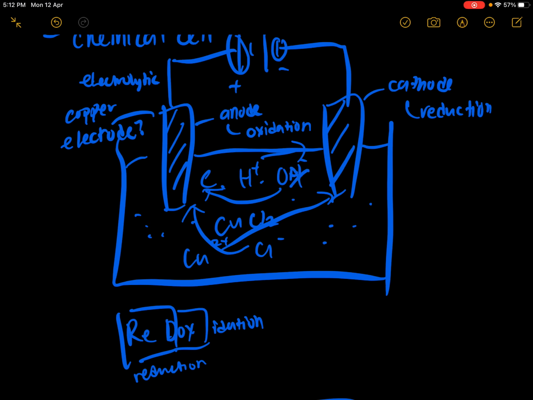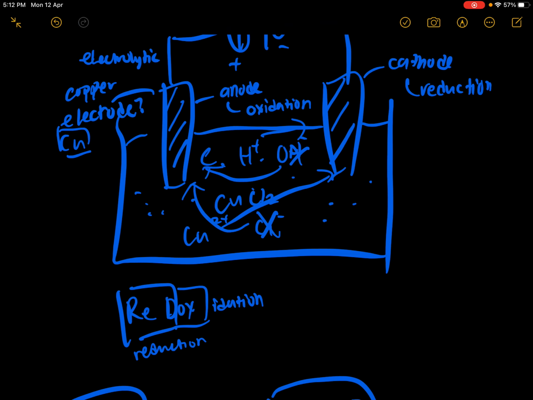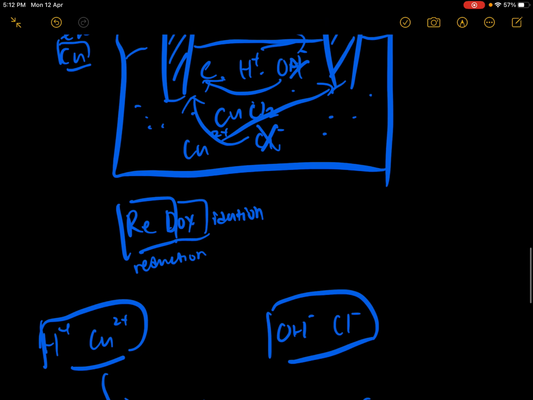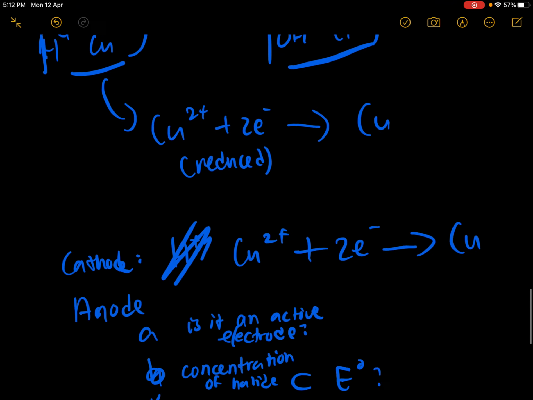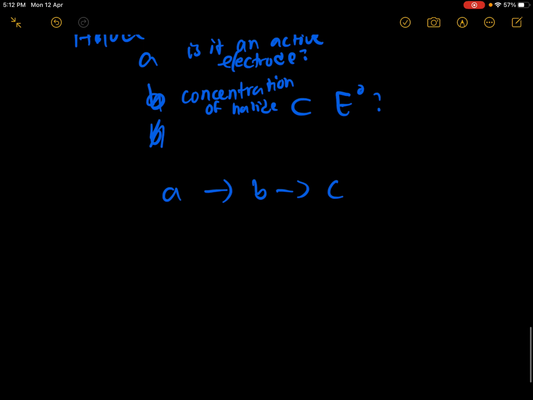Not this, but pure copper will react. The copper reacts itself. At the anode, the copper electrode itself is the one that is oxidizing. So the strip becomes thinner. But I'm gonna mention more about that later. Now back to here. We're talking about carbon electrodes here.